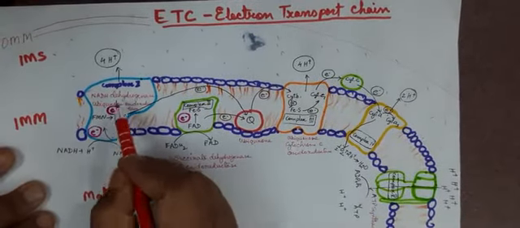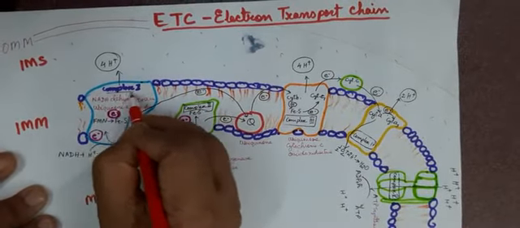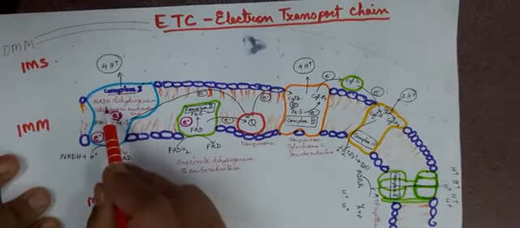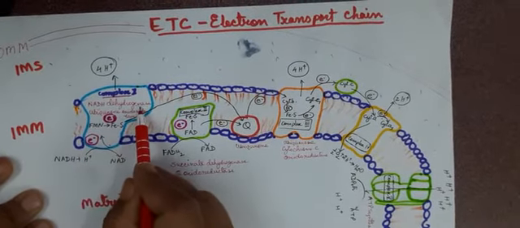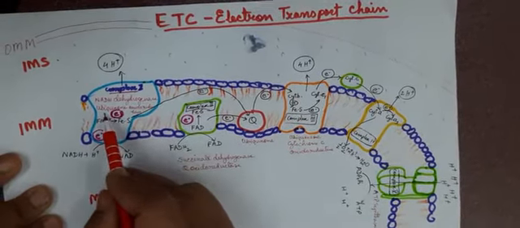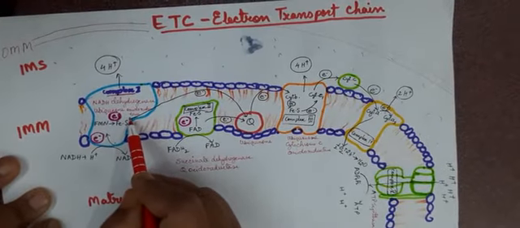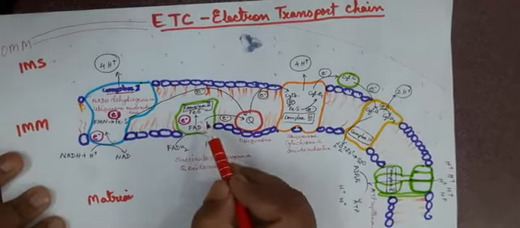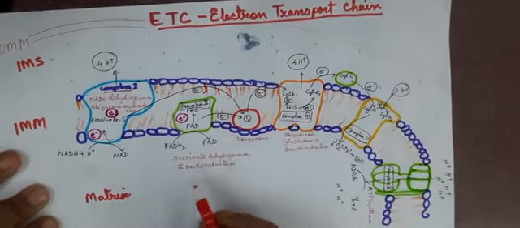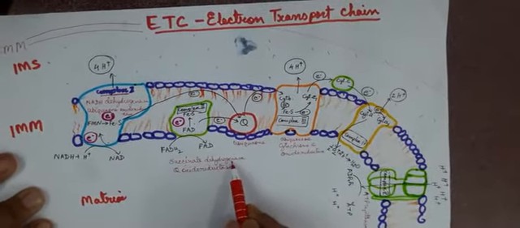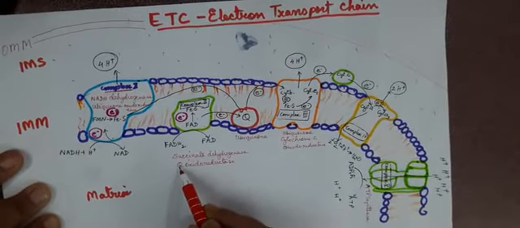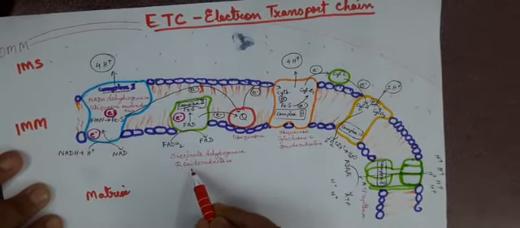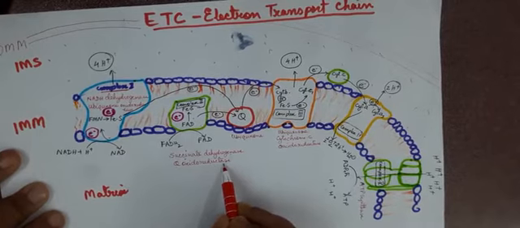So this is complex 1. It is called NADH dehydrogenase or ubiquinone oxidoreductase. Then the second complex is succinate dehydrogenase or Q, that is ubiquinone oxidoreductase.